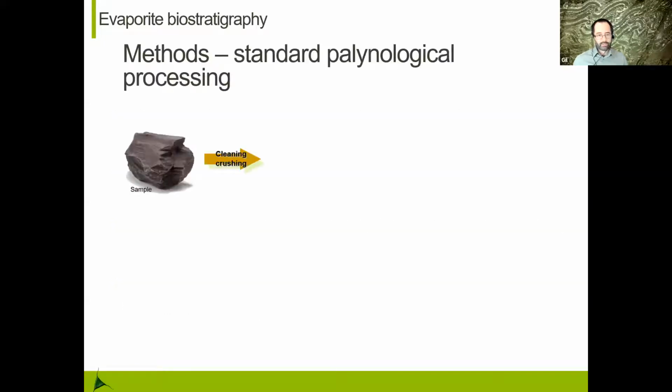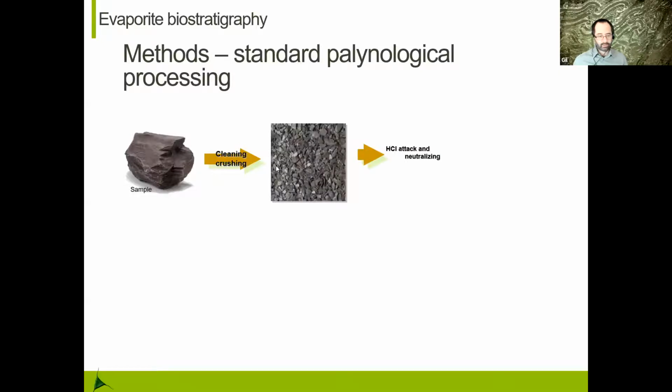So for Palynology specifically, we take a sample, be it an outcrop or cutting sample. We usually clean it and crush it. We do a first acid attack with HCl to remove carbonates, then a hydrofluoric attack to remove all the other minerals. Most of the silicates are destroyed by this, and you usually get a quite pure organic residue.